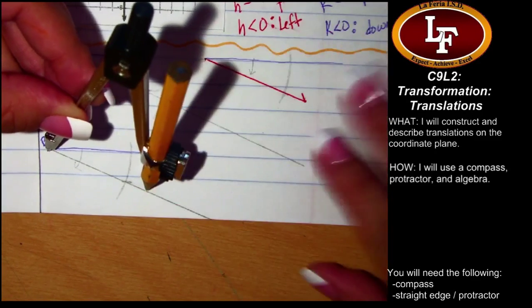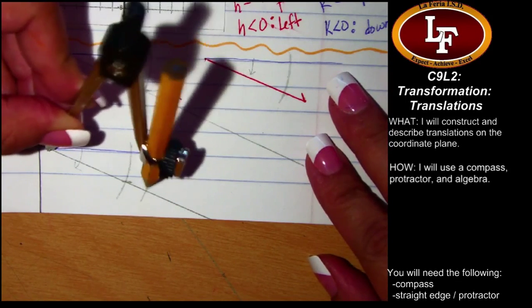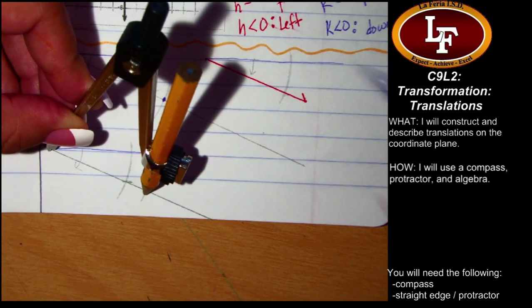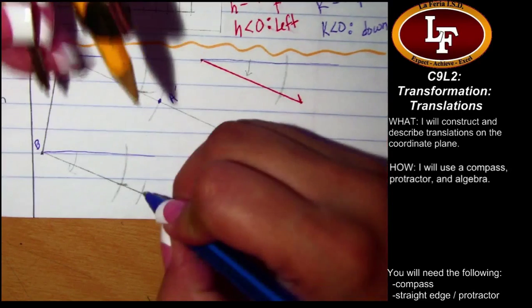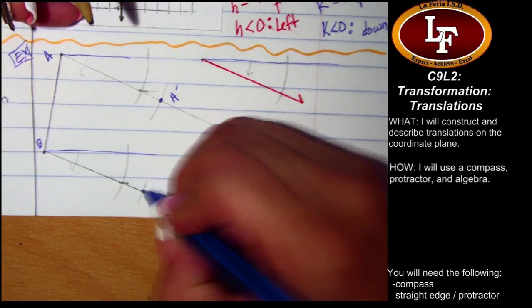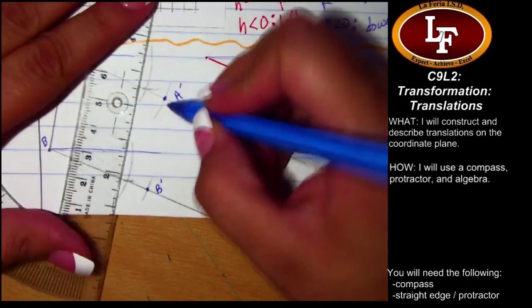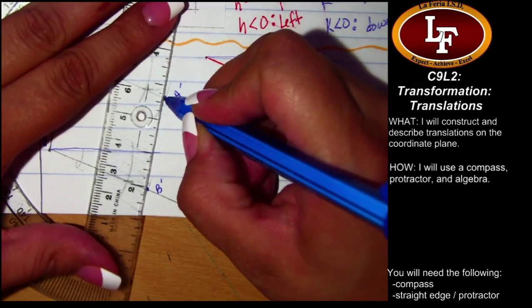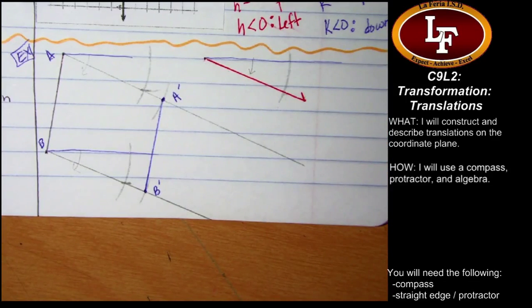And I'm going to copy it here, centered at B. Yes? This is the length of my vector. That's where my vector ends, and that's where the image of B, called B prime, will end up. I moved the endpoints so that I could take my straight edge and connect them with a straight line to create the segment being translated.